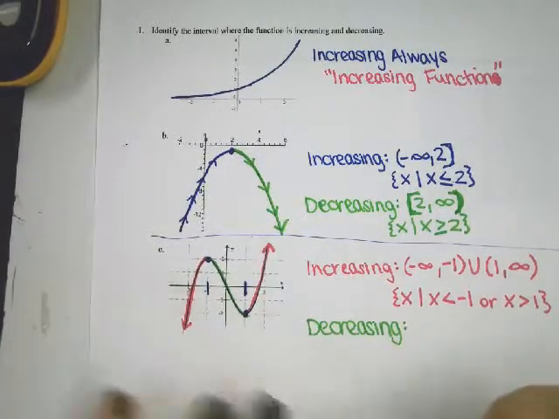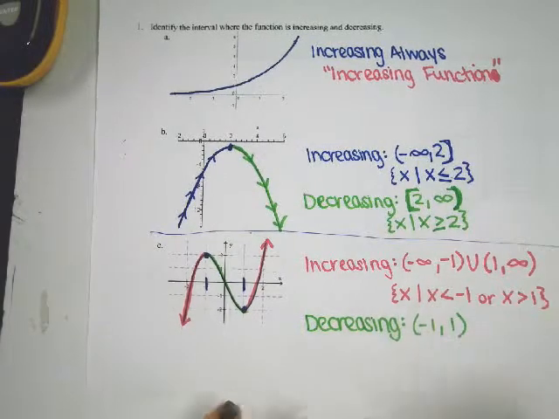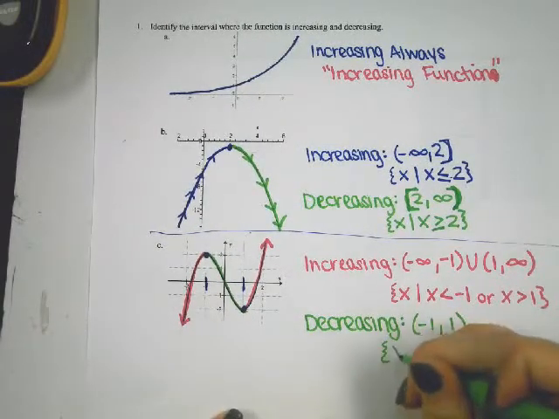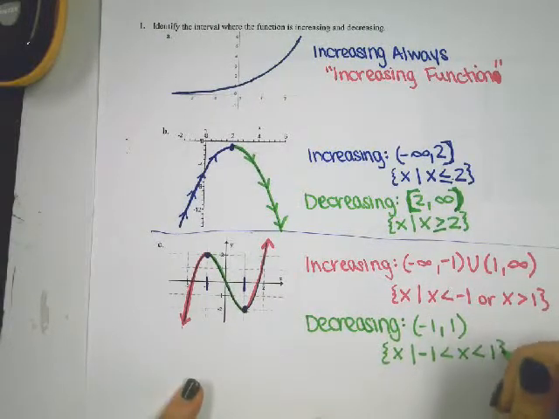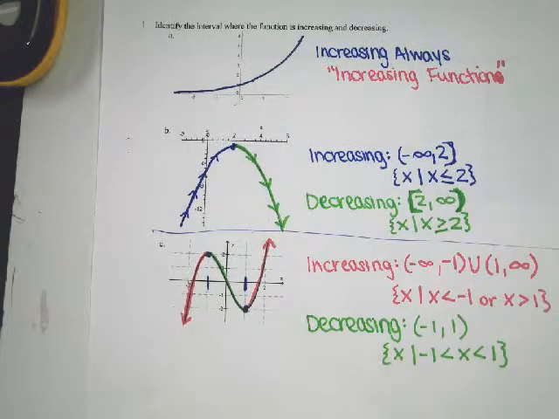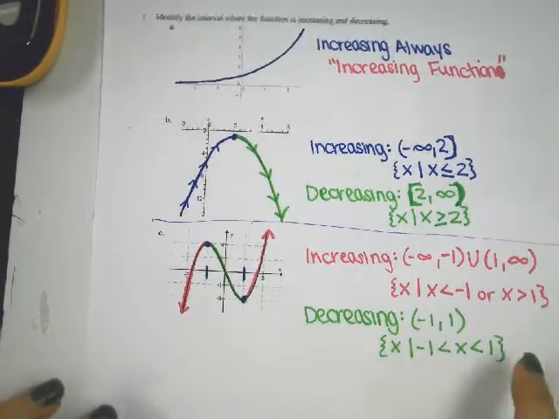So this is between negative 1 and 1. So for interval notation, negative 1 to 1 like this. For set notation, it's all x such that x is between negative 1 and 1. Negative 1 is less than x, which is less than 1. Means x is between negative 1 and 1.